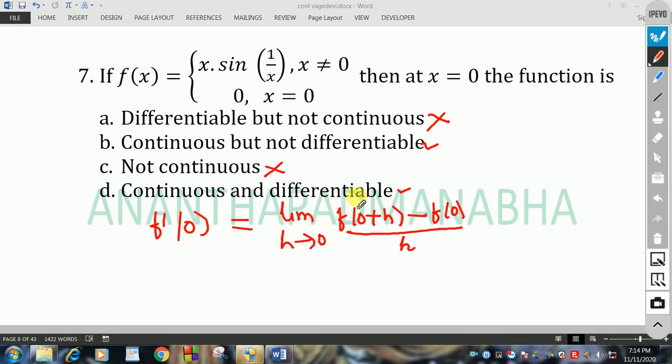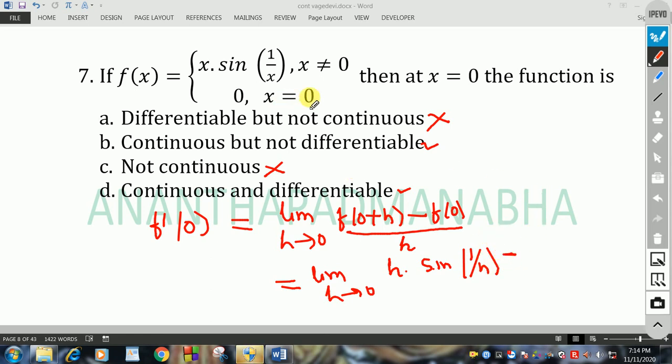So now if we replace x by 0 plus h, I will write like this. This f dash of 0 is limit as h tends to 0 of h into sine of 1 by h minus f of 0.